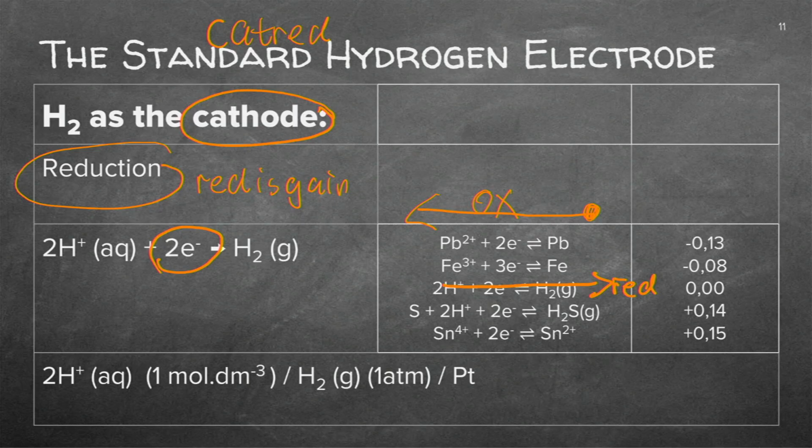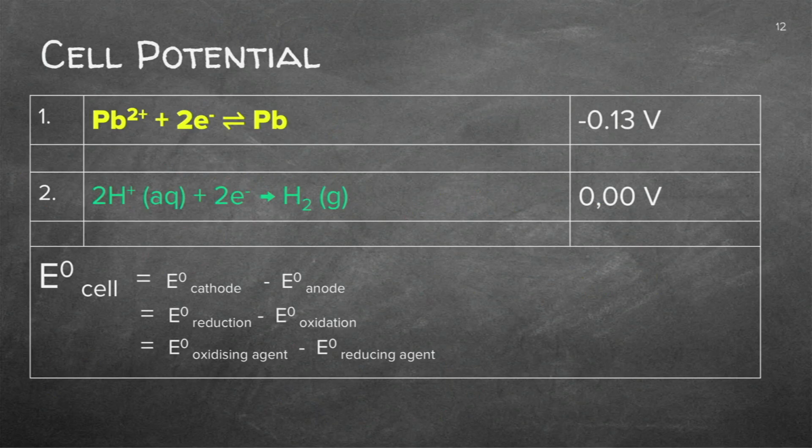So again, if I write this down, I've got the hydrogen ions. Do you see it there? And it's becoming hydrogen gas. You see it, and again, the platinum is now on the other side because it's always linked to the hydrogen gas. Let's have a calculation for that. I'm taking the lead, I'm taking the hydrogen, so I've got the hydrogen going that way.